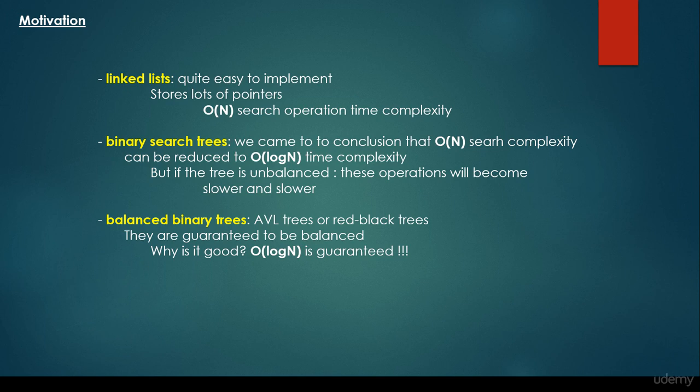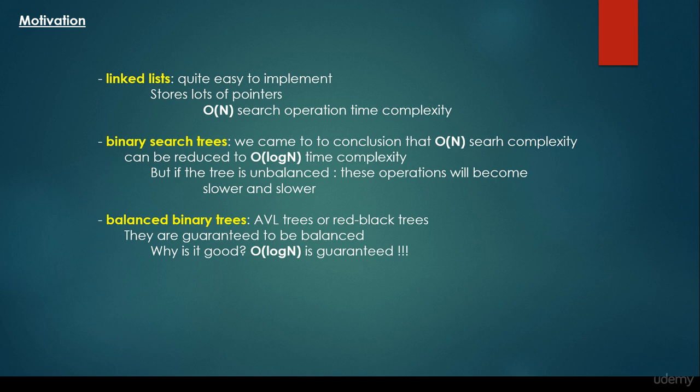And why is it good? Because O(log n) time complexity is going to be guaranteed. You may pose the question, okay, why is it good? It's very good because it is predictable. For example, you have a software and you don't know in advance how many users this software is going to have. For example, Facebook.